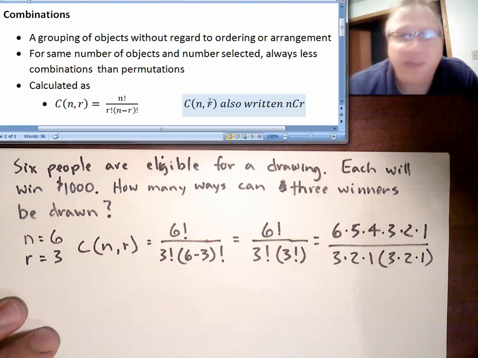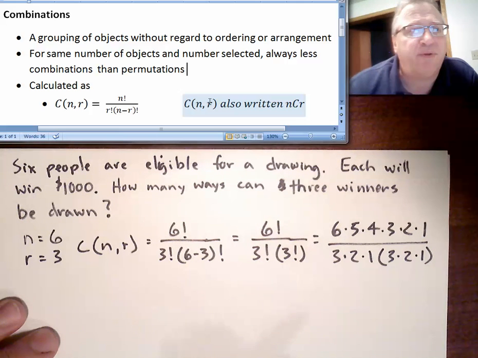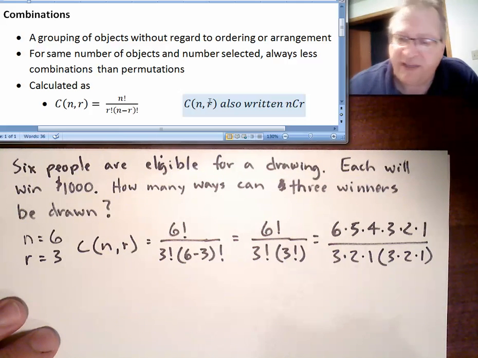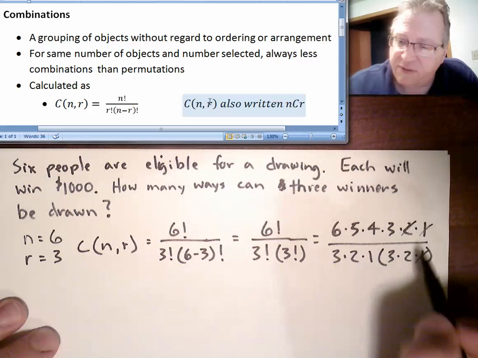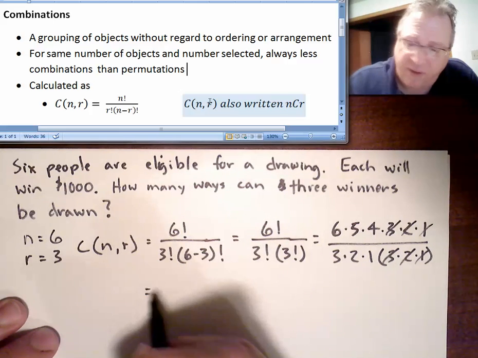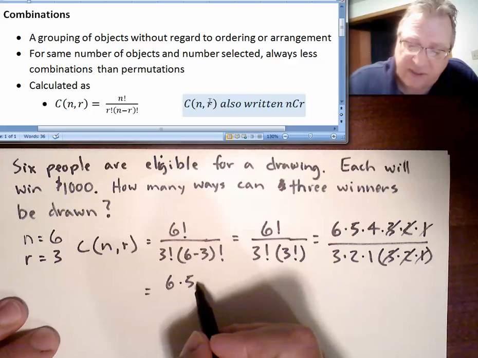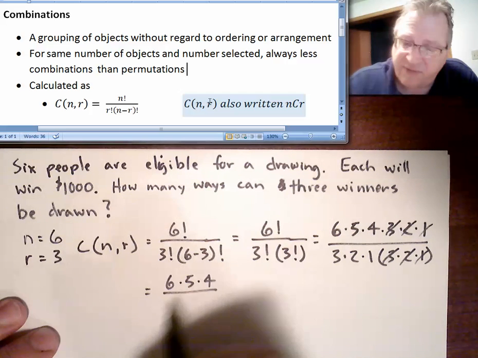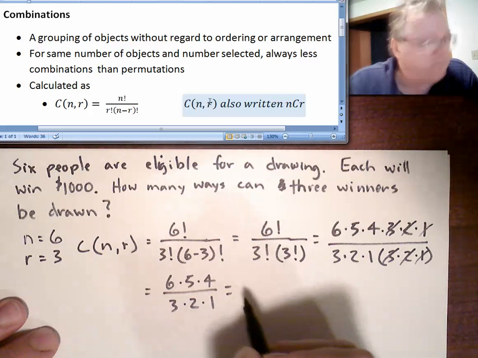And once again, everything is multiplied together in both the numerator and denominator, so we can cancel like terms. We can get rid of a pair of 1s, a pair of 2s, and a pair of 3s. And what are we left with? 6 times 5 times 4 divided by 3 times 2 times 1.